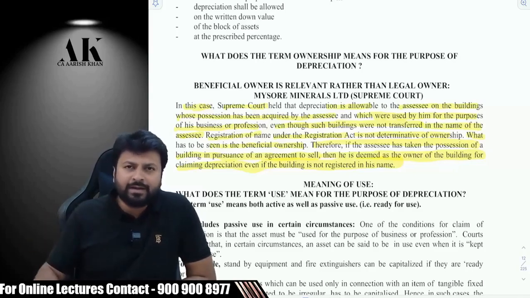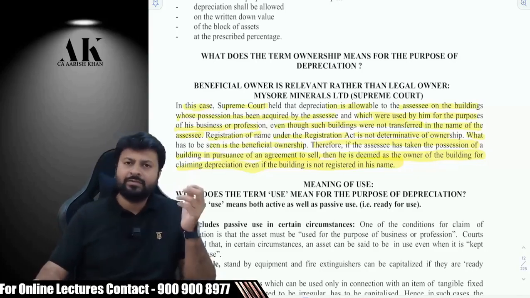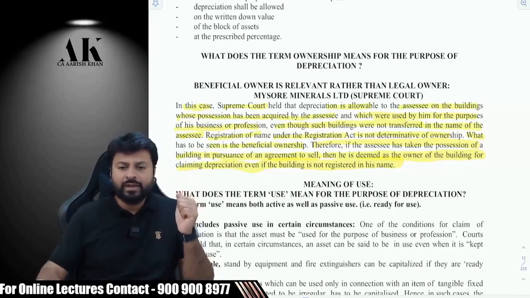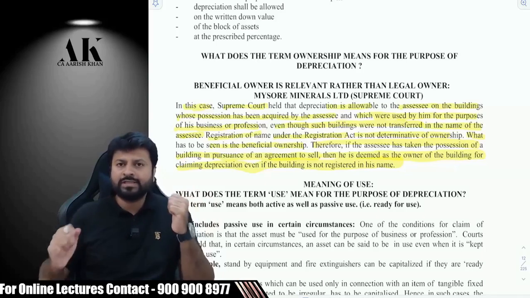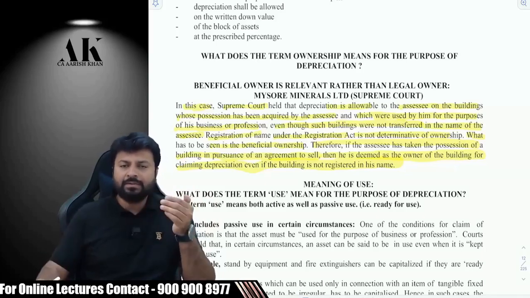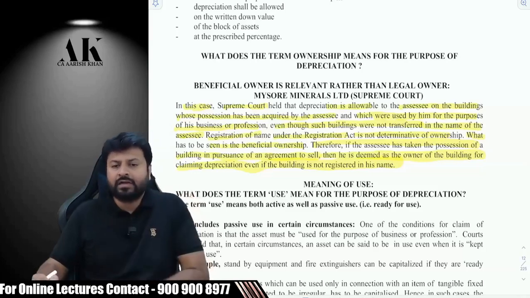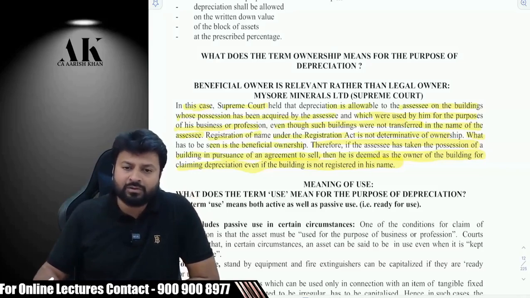So this might apply to many other assets as well. For example, whenever you buy a car, you have made the payment, you have bought the car, you have taken the possession, you are using the car. But sometimes it takes time to get the car registered, because initially you get the temporary certificate of the car, which is called the TC number. I hope you know that.